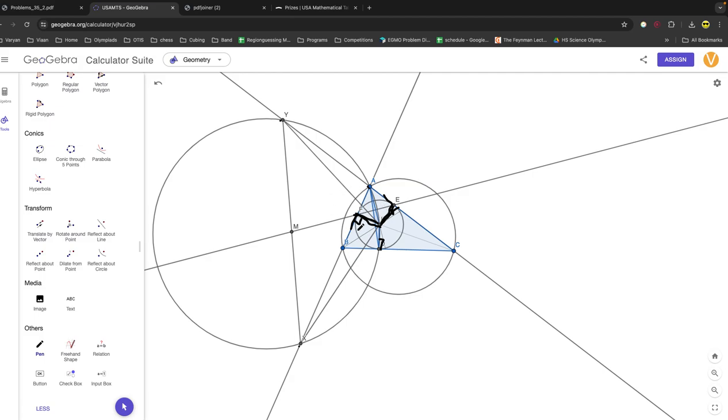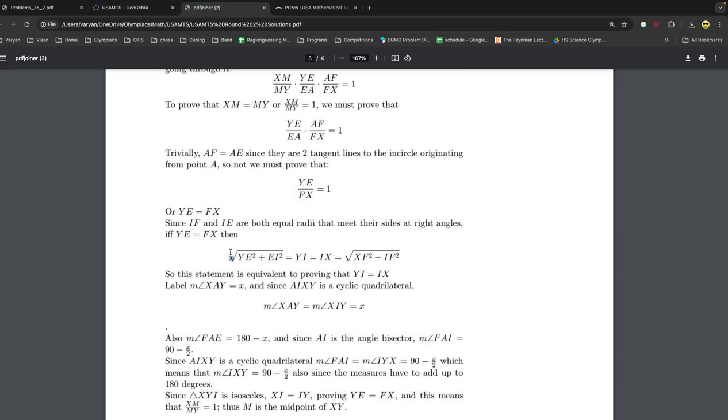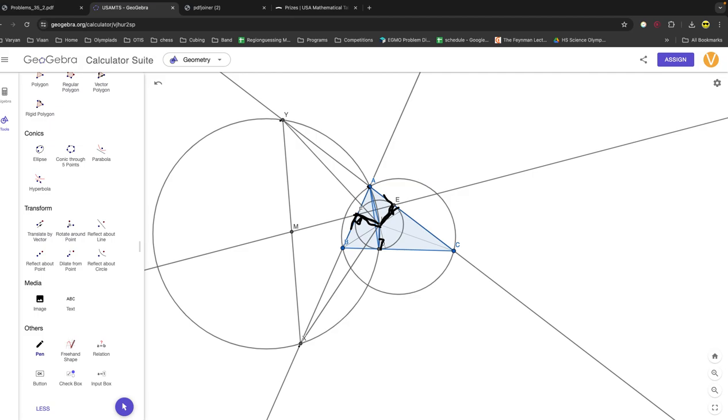So that means in the case where XF and YE are equal, then YI and IX also have to be equal, because of the Pythagorean theorem, right? So YE squared plus EI squared equals YI squared, and XF squared plus IF squared has to equal IX squared, and these both have to be equal to each other because they have the same side lengths.